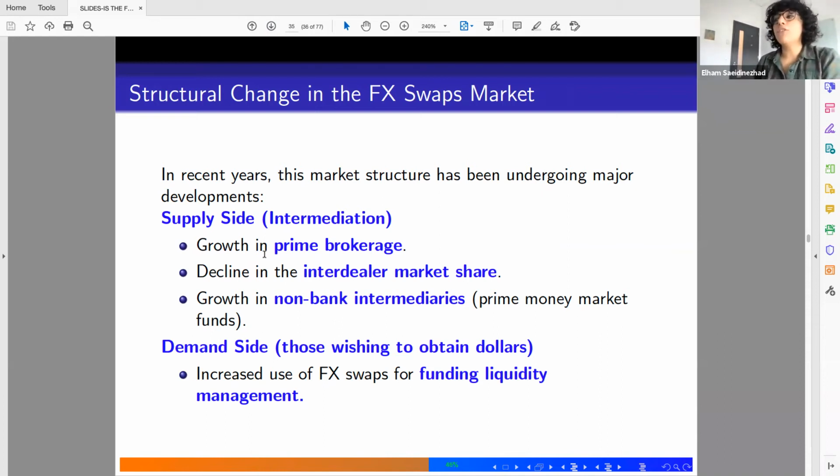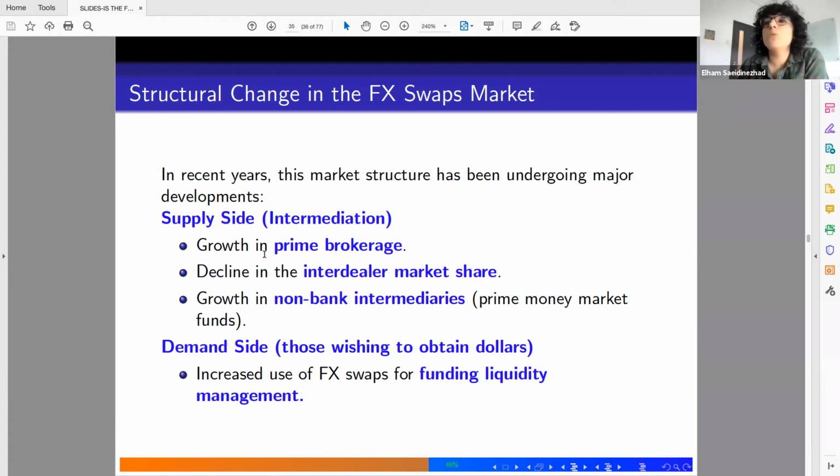The other important supply side change is that the dealing banks need to be funded. Usually, they were able to fund each other in the inter-dealer market. However, because the banks are leaving this market, a new type of financial intermediary, mostly money market funds, has started to fund the remaining dealing banks in the FX swap market.